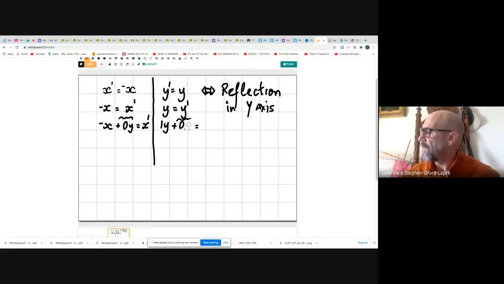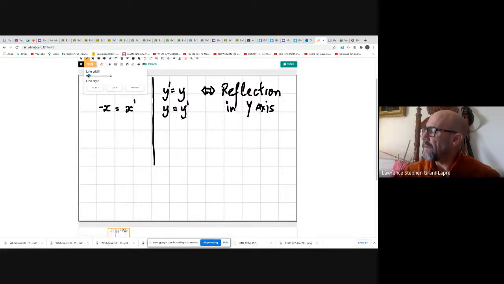Before I do this line, do you understand the line above? Do you understand where I got that from, that line above? You know where I got the line above it? This line here. Yes. Okay.